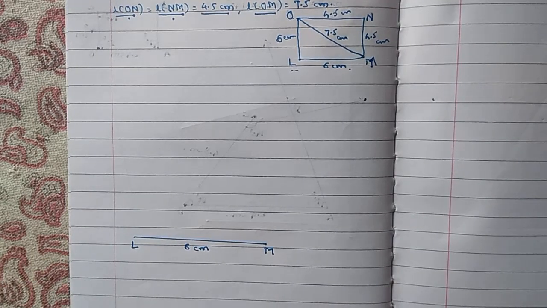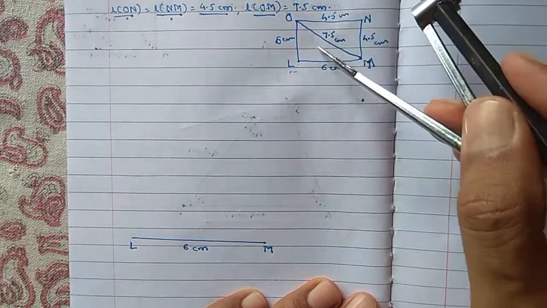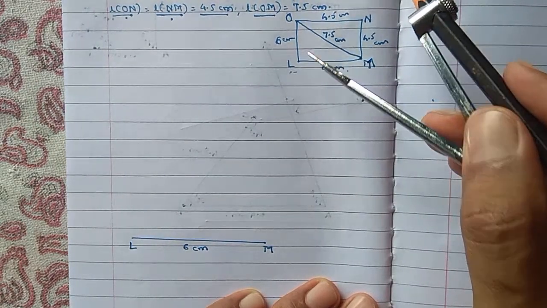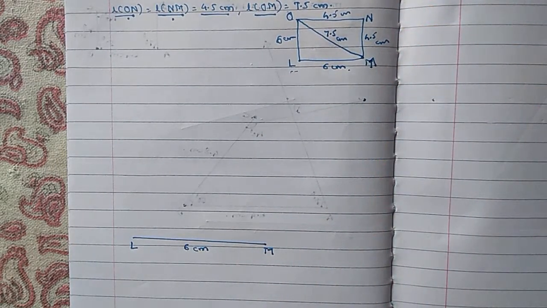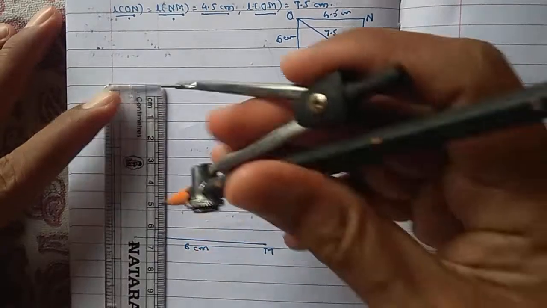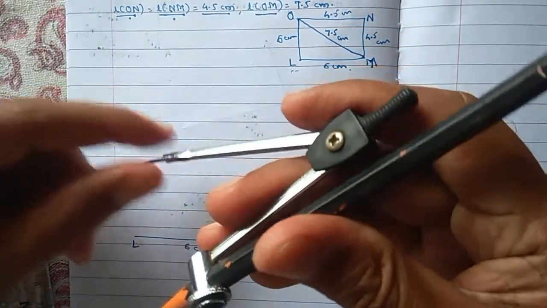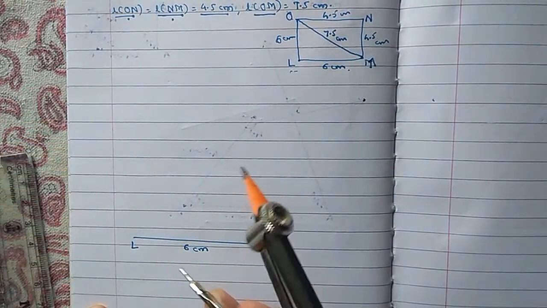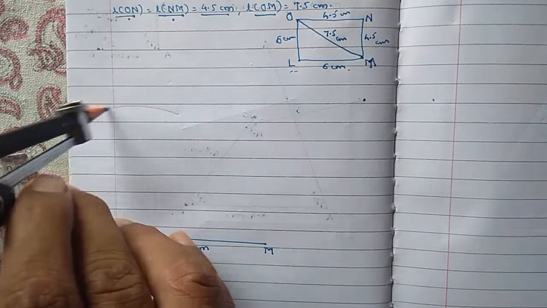Now in this case we are going to construct it triangle by triangle. First we will fix this triangle. What is the length of LO? Side LO is 6 centimeter. So take 6 centimeter distance in the compass. Okay. And from the point L, fixing the steel point on point L, make an arc.